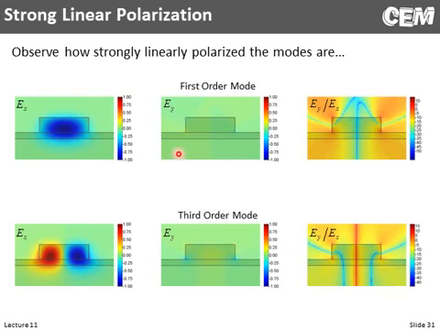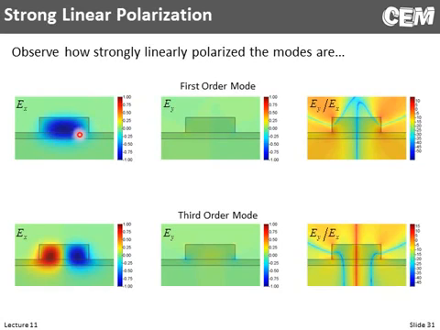So what I did is I took the ratio of EY over EX and plotted it on a dB scale, although for some reason it's not showing dB there. And what we can see is it's really, really darn small. So the EY component is much, much less than EX. The only time that it seems like it's a large number is out here where there really isn't much EX anyway, and it's just more of a numerical artifact.